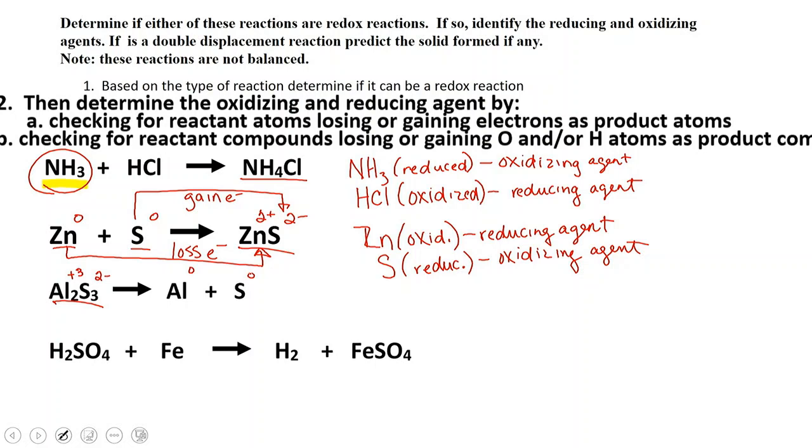So aluminum does what? Aluminum ends up with a 0 charge. That means it had to gain electrons. And sulfur now goes from negative to 0, meaning that it loses electrons.